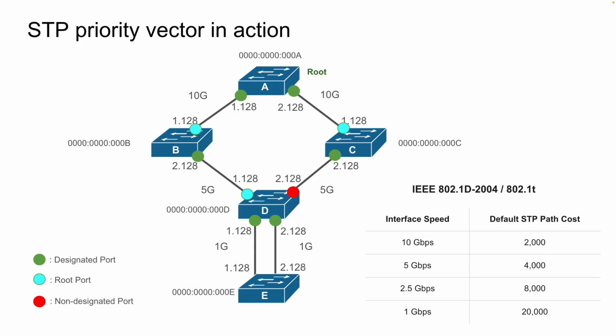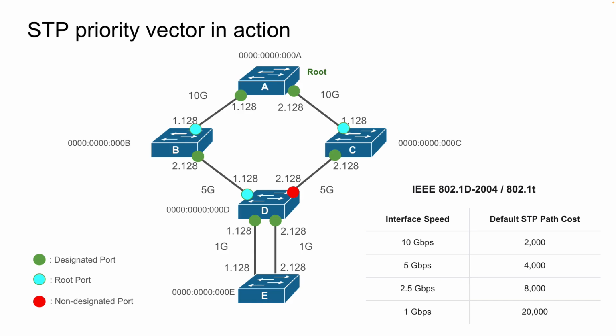Why? Because as soon as switch E heard that there is a better candidate for the root bridge role, which is switch A, switch E stopped sending out its own BPDU frames. So for some timeout, switch D didn't see any BPDU frames from switch E. So switch D safely assumes that it can bring up these ports and assign them as designated ports.